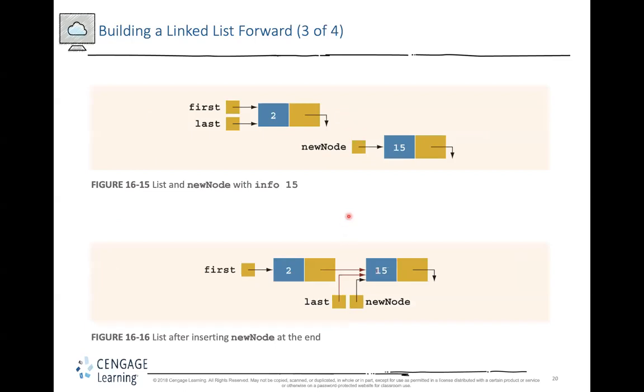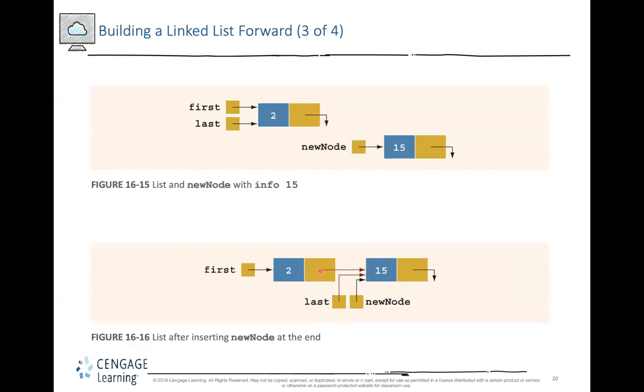Now we encounter 15. We create a new node and connect it to 2. In forward fashion, we insert this at the very end, at the tail. So we first update the link of node 2 to point to this new node.